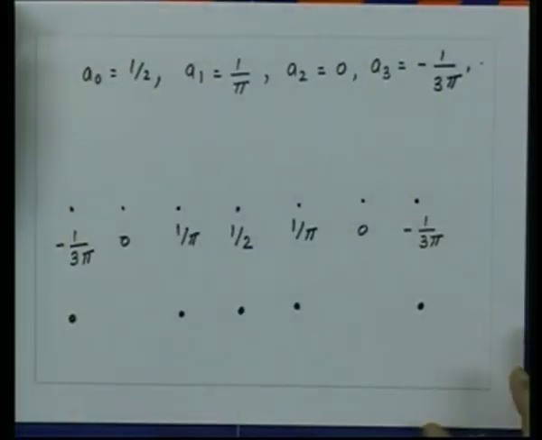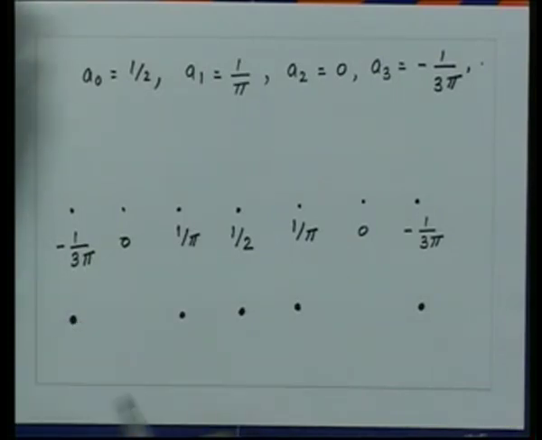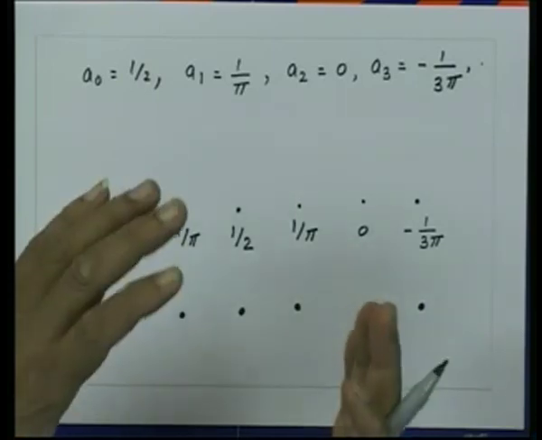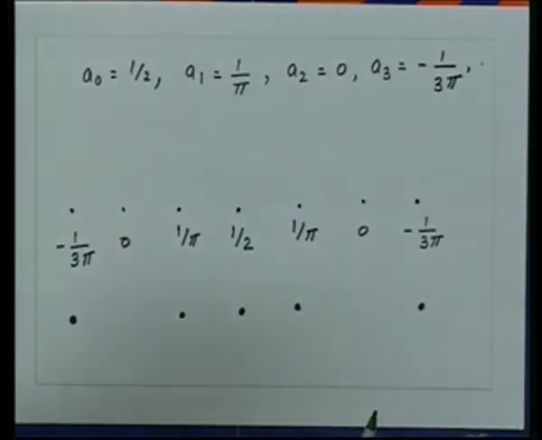So, essentially the array synthesis problem is a rather straightforward problem. Once the array pattern is specified in the phi domain, and if we take the inter-element spacing to be lambda by 2, then the visible range of psi is equal to 2 pi, which is the periodicity of psi.